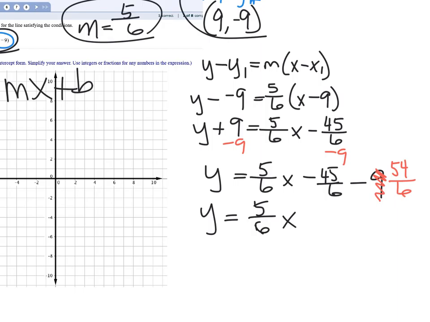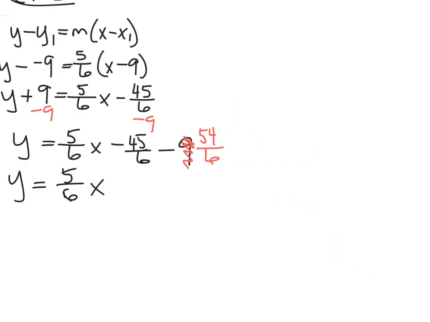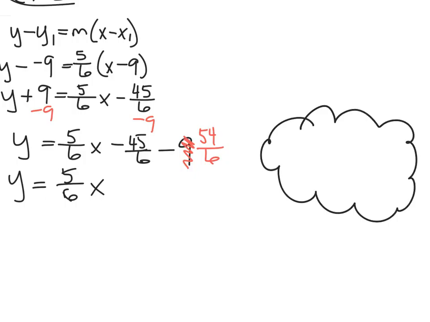So I'm going to go over here on scratch paper for a second, and let's talk about that. I'm going to ignore the sixths for a second. Basically, we have negative 45 minus 54. And you have to remember, the way you subtract negative numbers is that first number stays the same, the minus sign turns to a plus, and the second number, which used to be 54, becomes a negative 54.